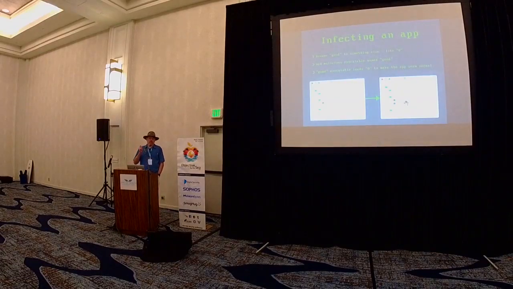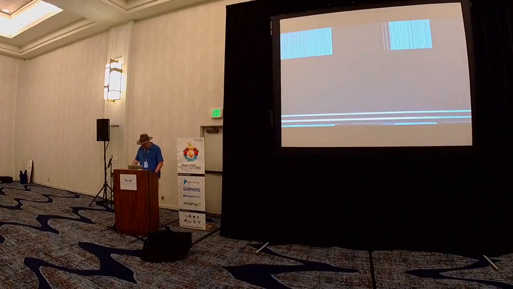So the way that I did this for my proof of concept, and I'll say right up front, I sort of script kiddied this because I wanted to make the point that this is not hard, okay? So the way that I did it is I took a very simple little app that I made that I called Good. It's a very innocent little app. There's nothing wrong with it.